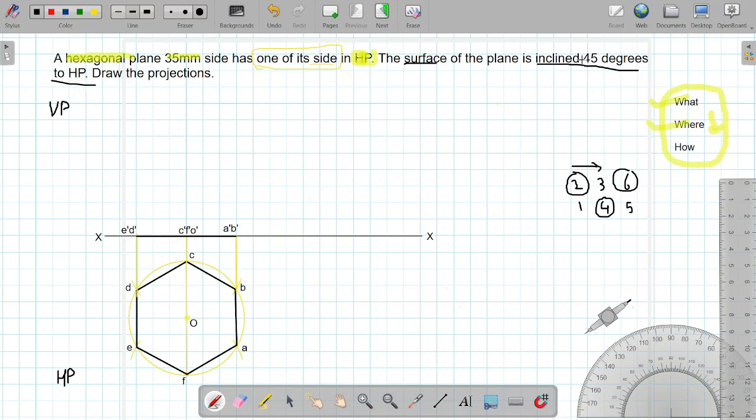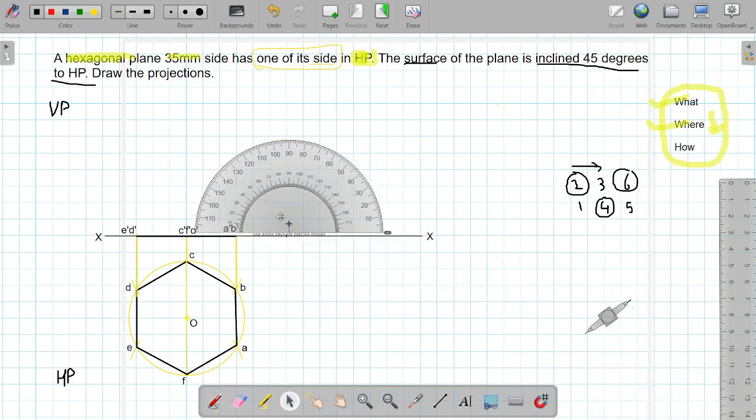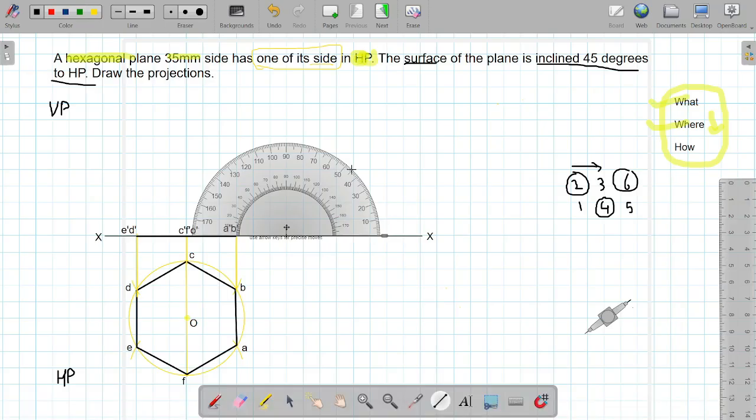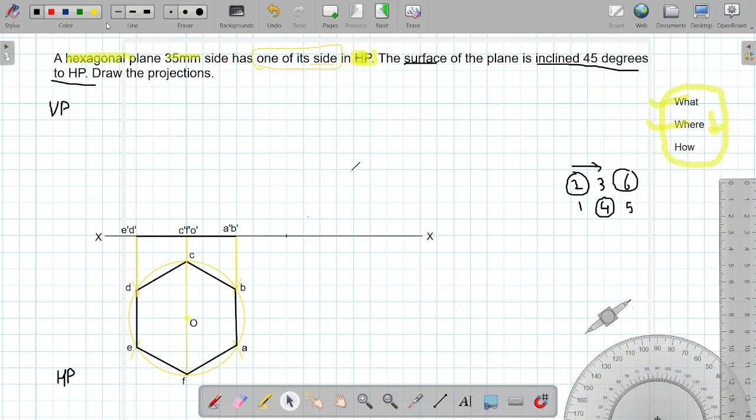So the condition is 45 degrees to HP. So now at any random location I will mark a point. Let us say this is the point, and from this point I will measure an angle of 45 degrees. So I will just measure 45 here. Then I will join this line with a very light line now.